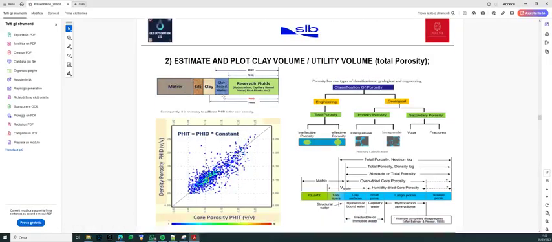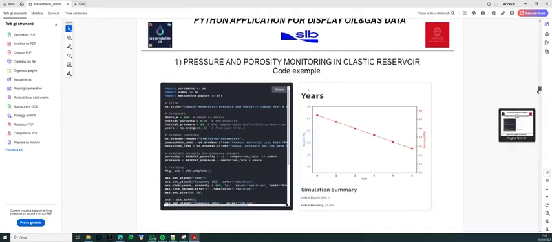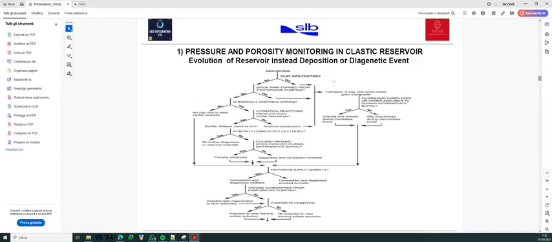Go next to the second point: estimate and plot clay volume and total porosity. As we just understood, in some cases we are not able to preserve the original porosity, but we also have the phenomenon of clay infiltration.